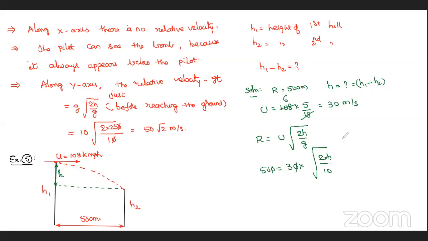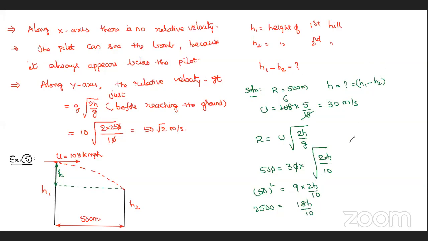Zeros cancel here. So squaring on both sides, 50 squared is 3 threes are 9 into 2H by 10. That is 2500 is equal to 9 twos are 18 H by 10.